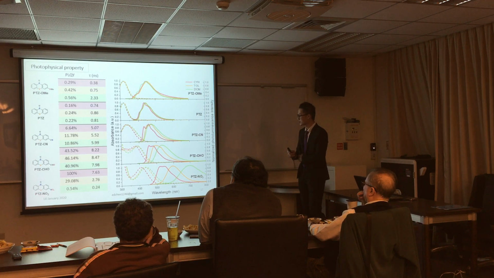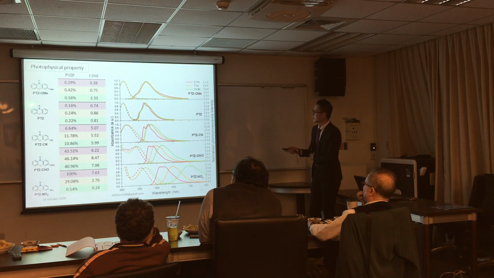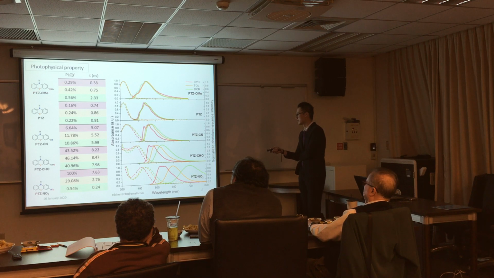Here we can also see a trend of increasing quantum yield in cyclohexane. For PTZOME and PTZ, the electron donating group and the parent PTZ, the quantum yield is quite low. And when we substitute the C3 hydrogen with an electron withdrawing group, the quantum yield starts to increase to 6%, 43%, and to 100%.